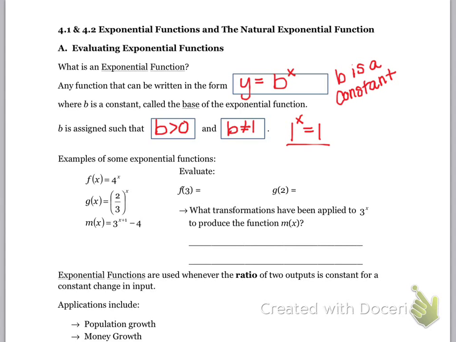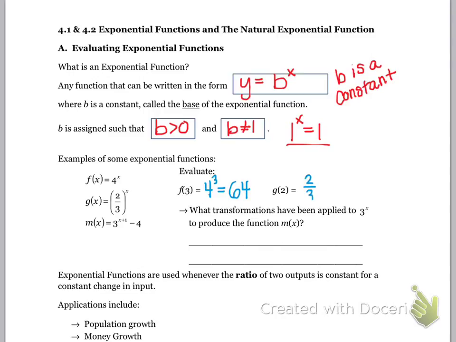Alright, so here we have some examples of exponential functions. To the left, we have f of x, which is 4 to the x, g of x, which is 2/3 to the x, m of x, which is 3 to the x plus 1 minus 4. So, first we want to evaluate f of 3, which would be 4 to the third, which equals 64.